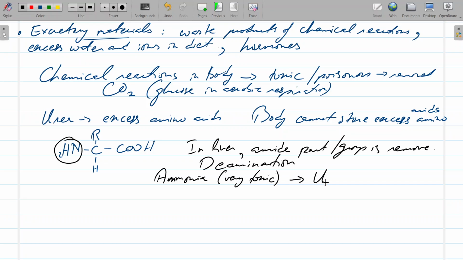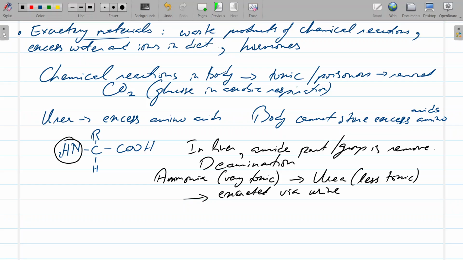And then that is converted to urea, which is comparatively less toxic. And then that is removed or excreted via urine. Okay. And this basically sums up all of excretion.